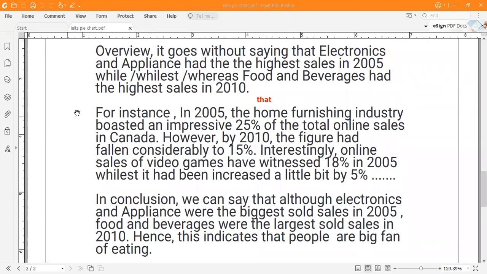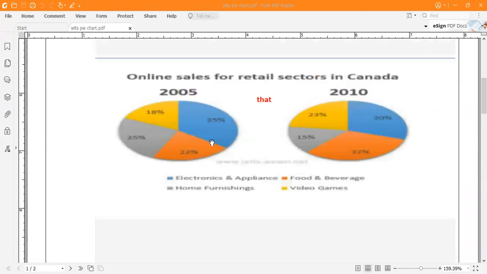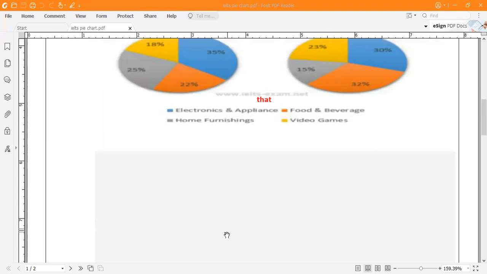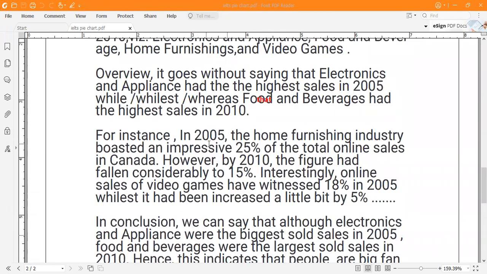نبدأ مثلا for instance على سبيل المثال 2005 نبدأ بالهوم furnishing مثلا. الهوم furnishing هو تحليل يعني. عندنا الهوم furnishing كانت 25%. طيب و2010 كانت 15%، يعني سقطت. يلا اشرح. In 2005 home furnishing industry boasted شهدت بدل كلمة for example had.